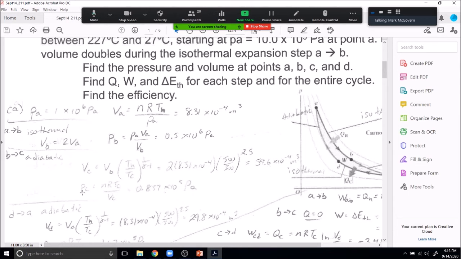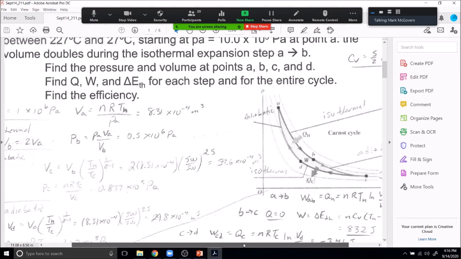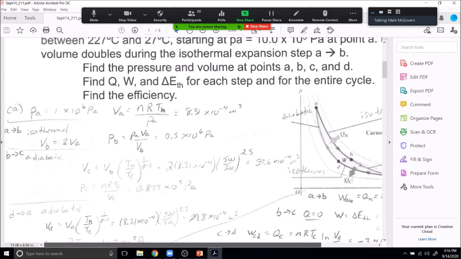And then I can use the ideal gas law to figure out the new pressure, which is somewhere kind of, you know, well, it's a little bit lower than what we had before. Wait a minute. That doesn't make sense. Uh-oh. Okay, I guess I got to do some math here. Because my pressure, according to my diagram, continues to drop.